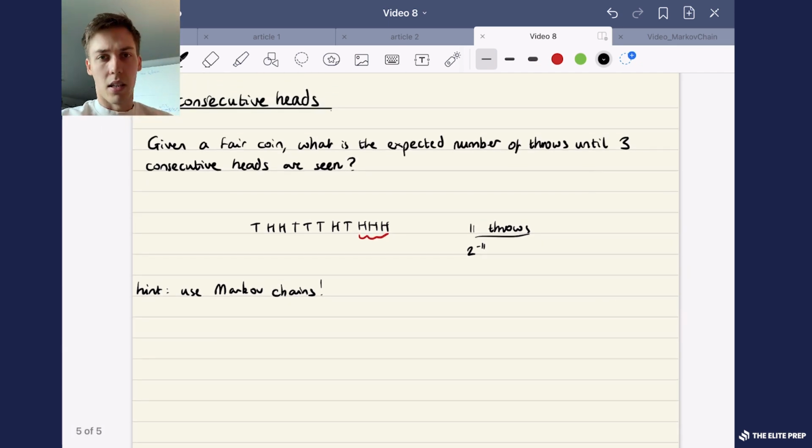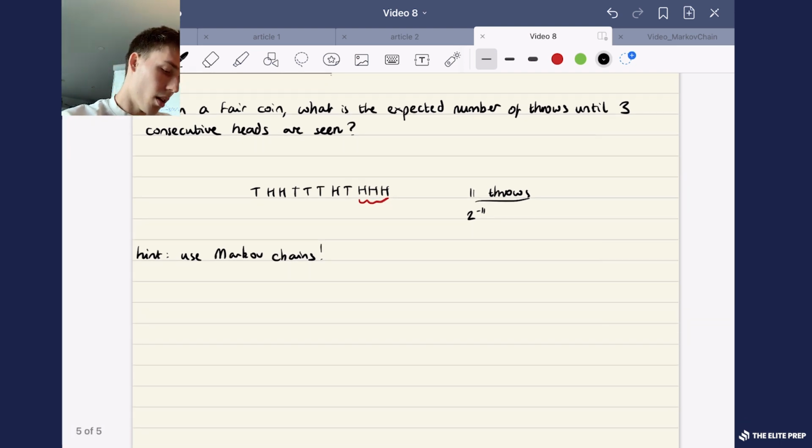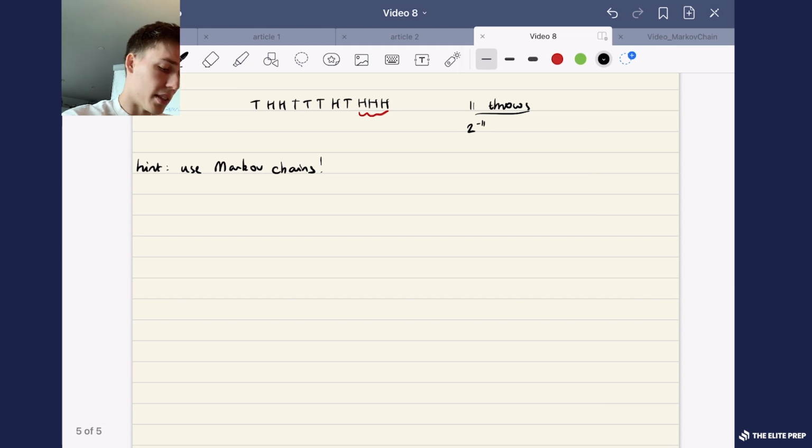I'll do this by going through this example. Let's have 4 states in this scenario, and let's label these states as 0, 1, 2, and 3.